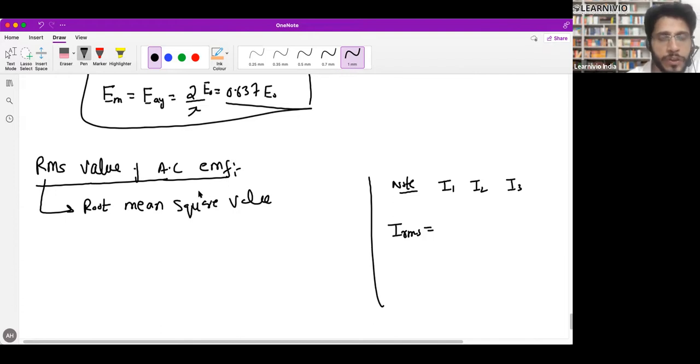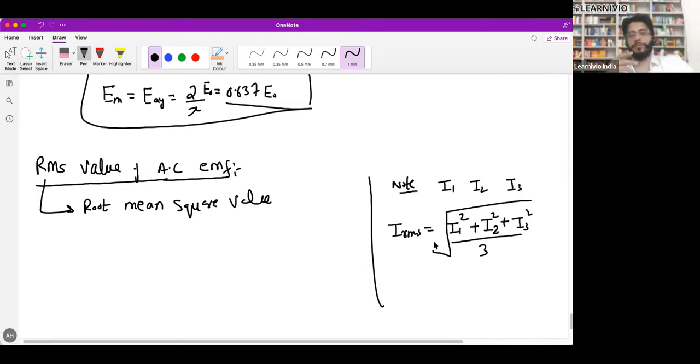We first take the square: I1 square, I2 square, I3 square. Then we take the mean: just add them up and divide by 3. Then take the root. This is how we calculate RMS value. For RMS, first take square, then take mean, and then finally take the root.